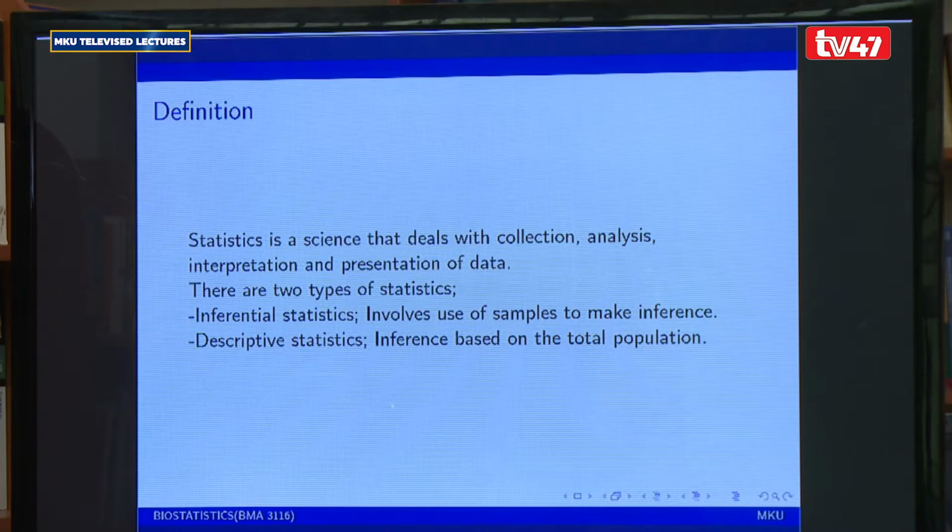And of course, sometimes, as a statistician, you're not able to collect data on every member of a population, and you have to take a smaller set of the population to represent the population as a whole. So inferential statistics will be of more use when it comes to data collection and analysis than descriptive statistics.